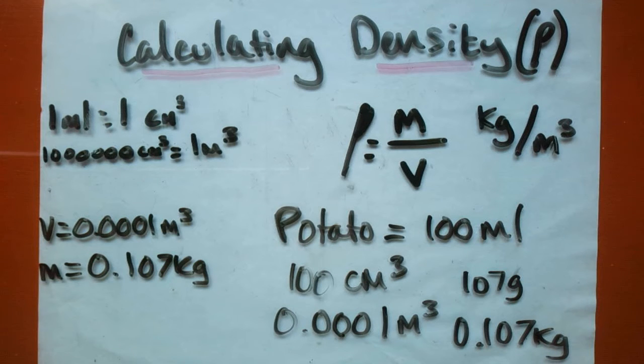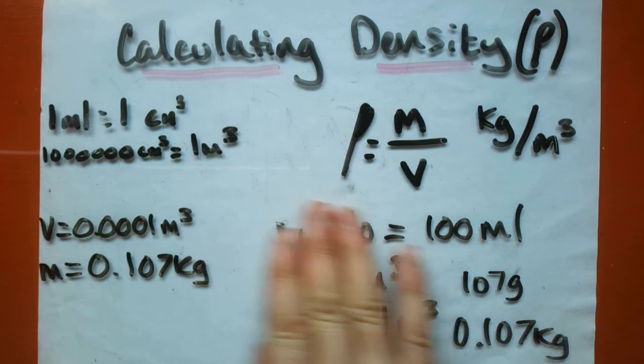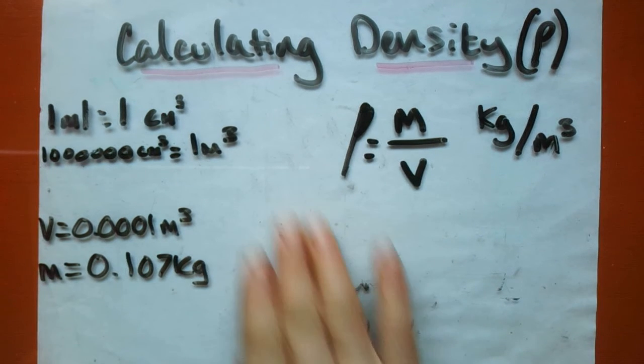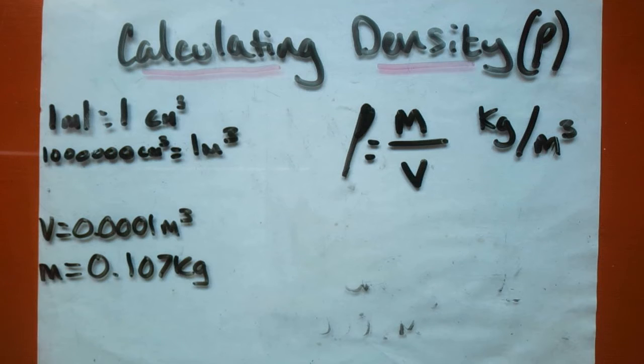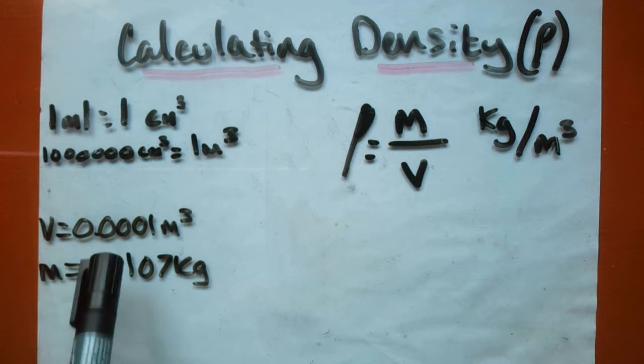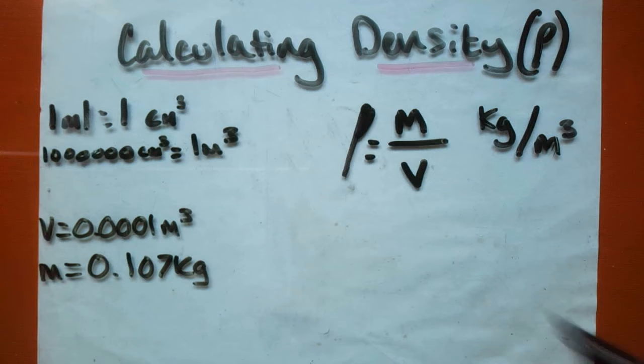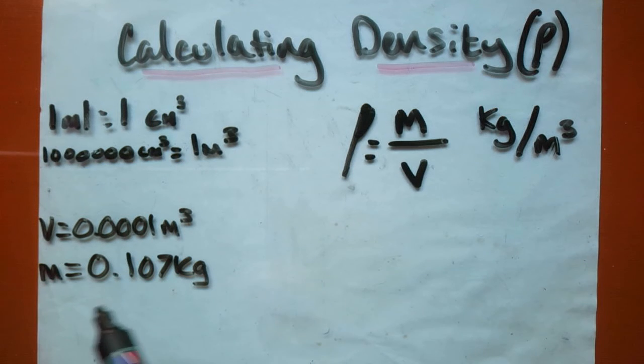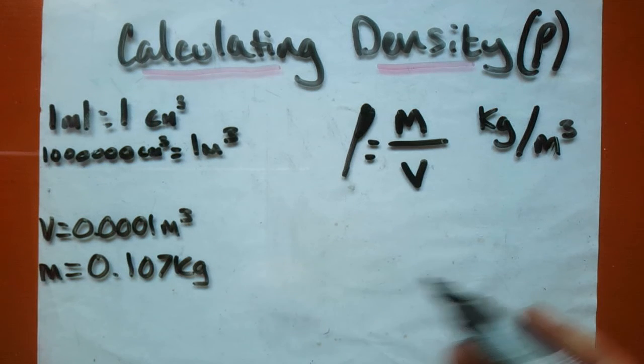Okay, so we're nearly there on our calculation now. I've written down to the left our final numbers. So the final scores on the doors. We've got a volume of 0.0001 meters cubed, and the mass is 0.107 kilograms.